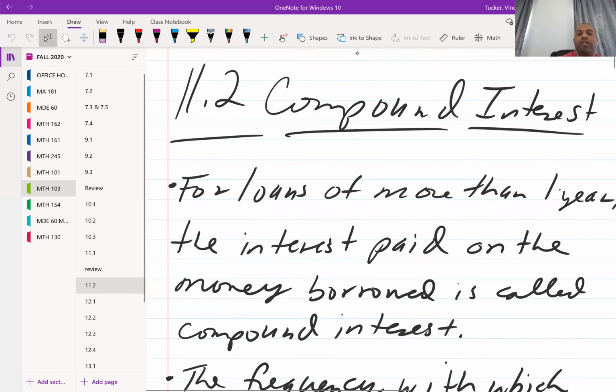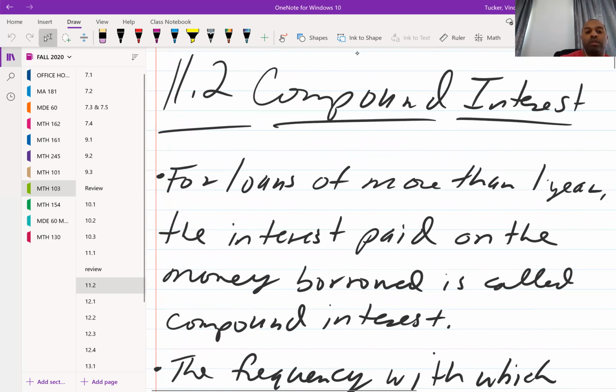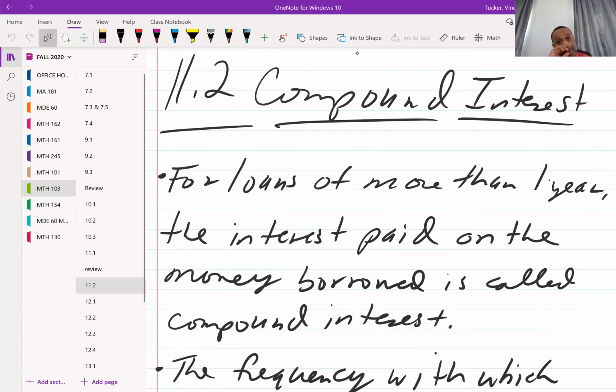All right. So let's look at 11.2. Very similar to 11.1. So we're looking at compound interest. So for loans more than 1 year, the interest paid on the money borrowed is called compound interest.